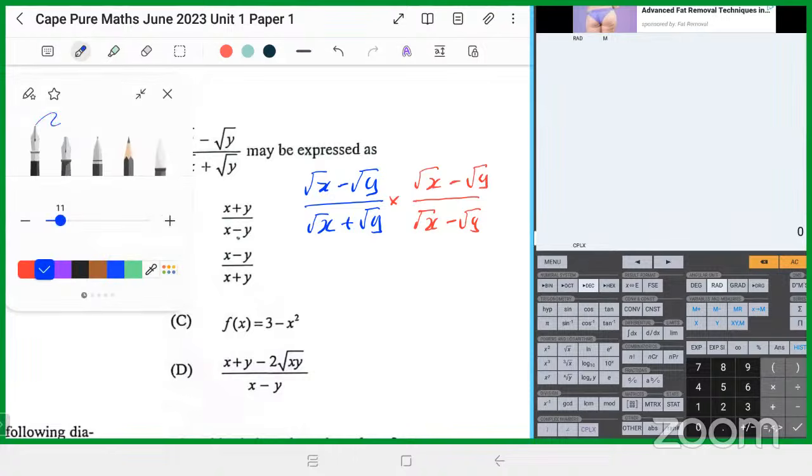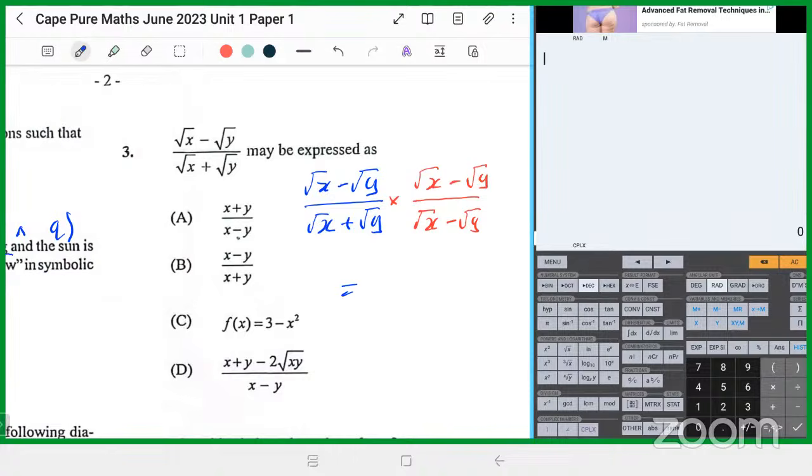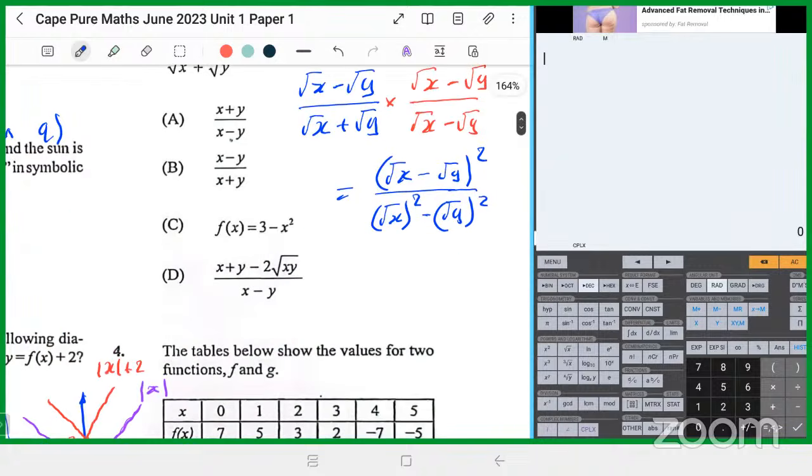So you see that the denominator is the difference of 2 squares. It becomes root x squared minus root y squared. And the numerator becomes a perfect square of root x minus root y, all squared. All right, so maybe I'm showing too much work.